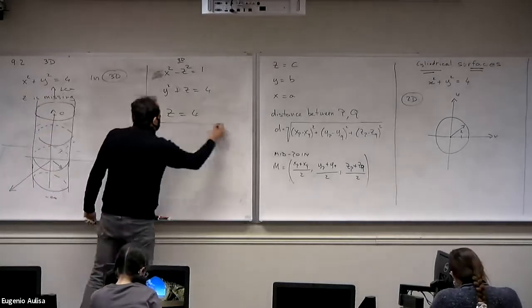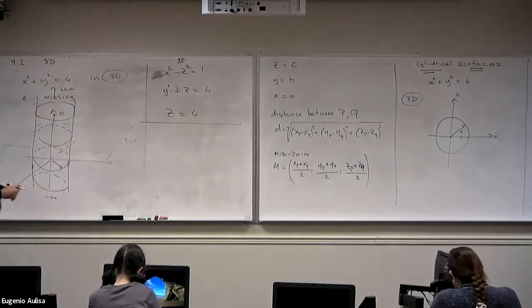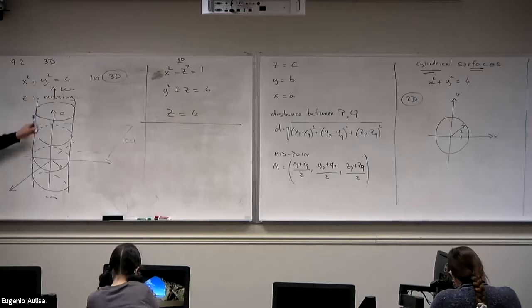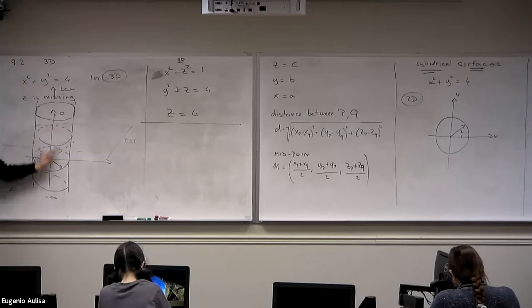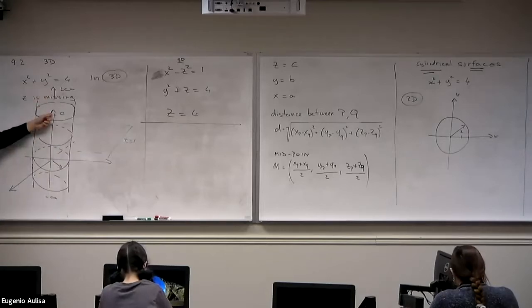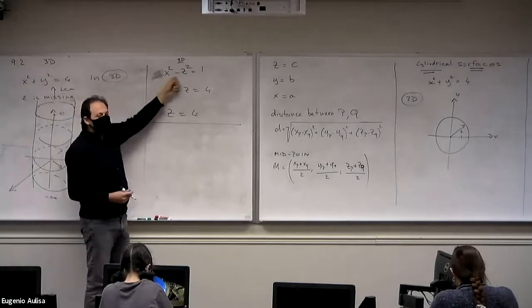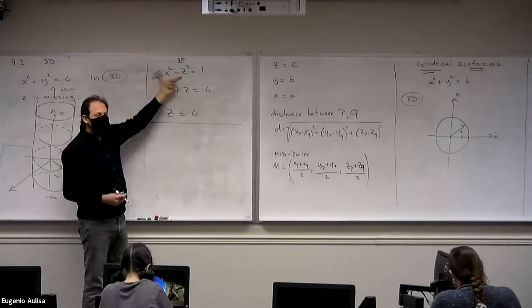Now, see, when we took this circle, we shifted how? Moving parallel to z. Why? Because z was missing. Same thing here. You are going to take this curve and shift it parallel to what?